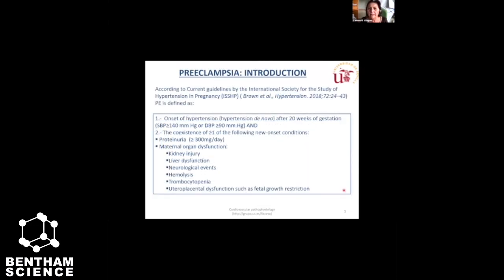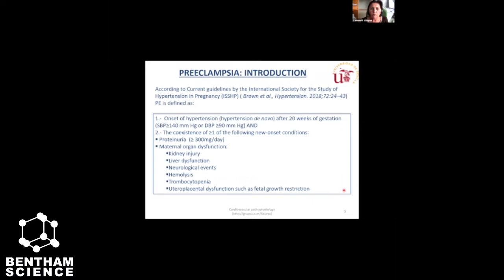According to current guidelines by the International Society for the Study of Hypertension in Pregnancy, preeclampsia is defined as the onset of hypertension, I mean hypertension de novo, after 20 weeks of gestation.